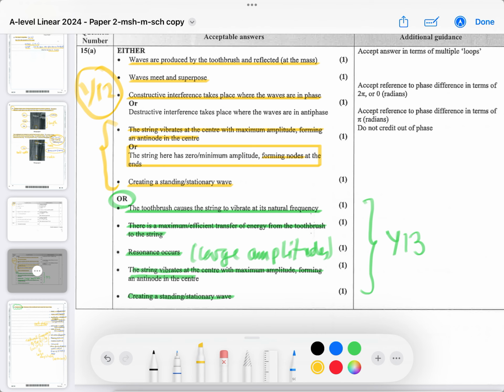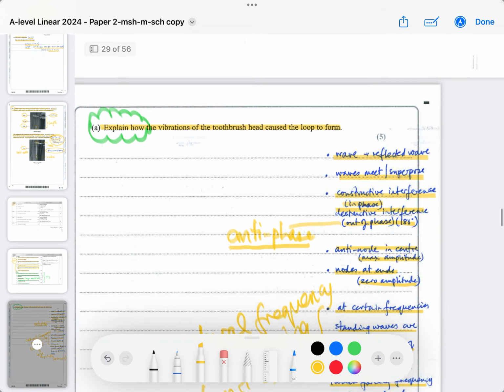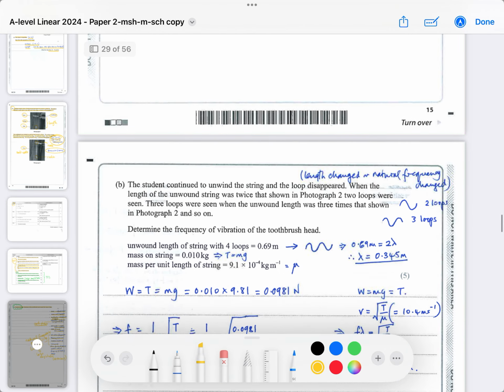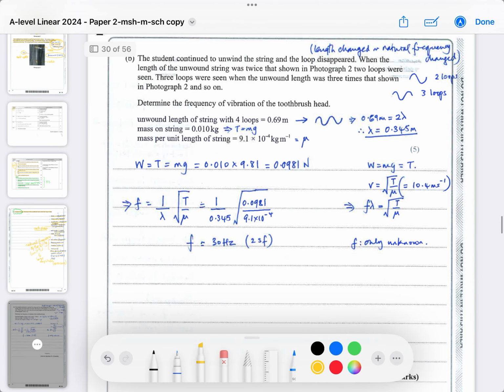Okay, superposition. Okay, so we've done another question, part A. Part B then says the student continued to unwind the string and the loop disappeared. Okay, because the length changed, the natural frequency changed, yeah, and it no longer matched the frequency of the toothbrush head.